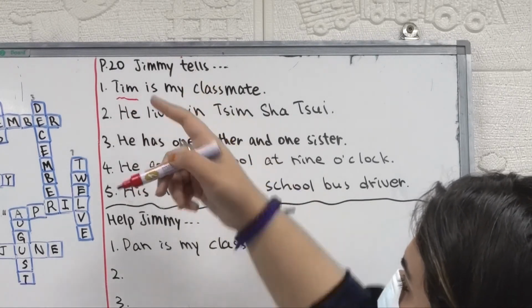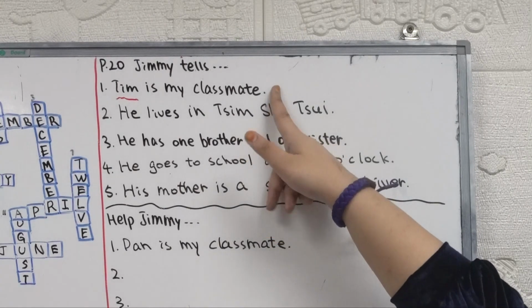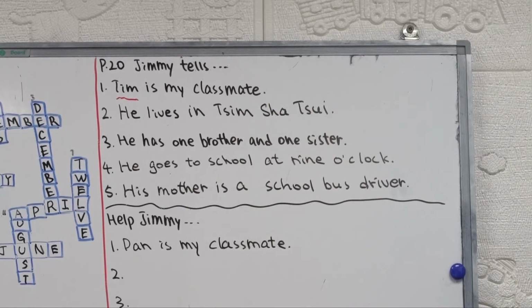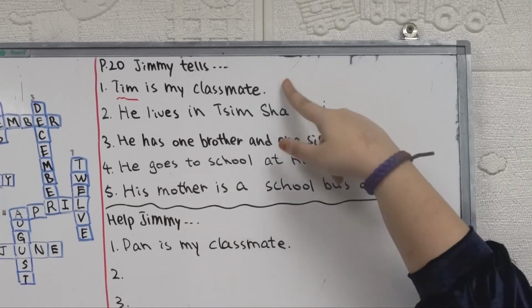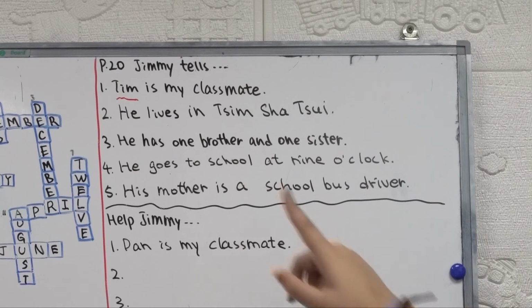Number 1, Tim is my classmate. So basically, Jimmy told the whole class who Tim is. He said, Tim is my classmate.